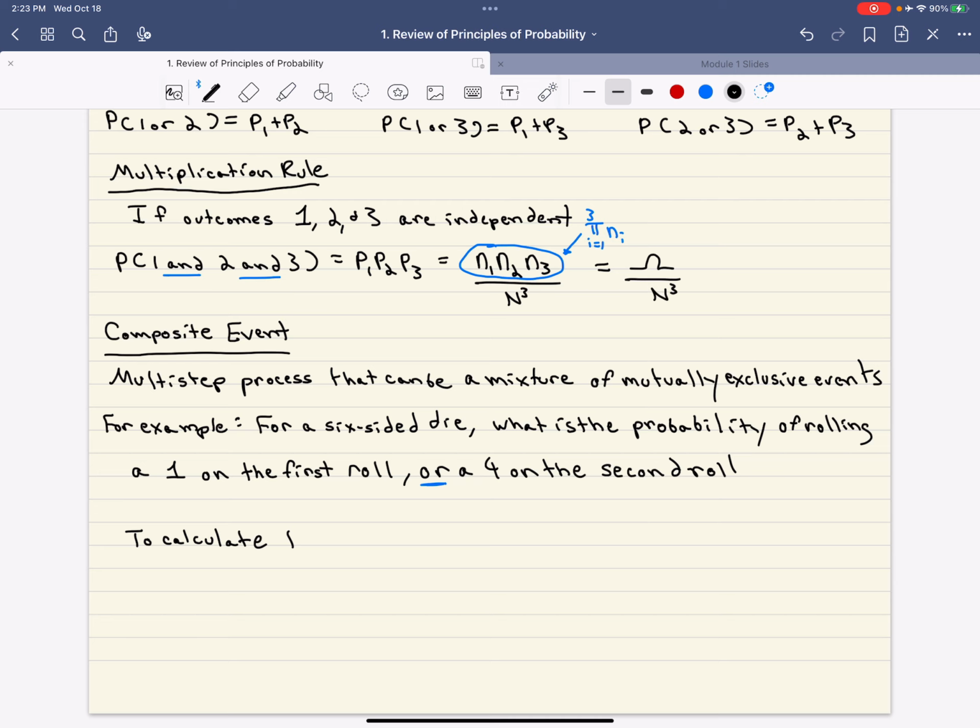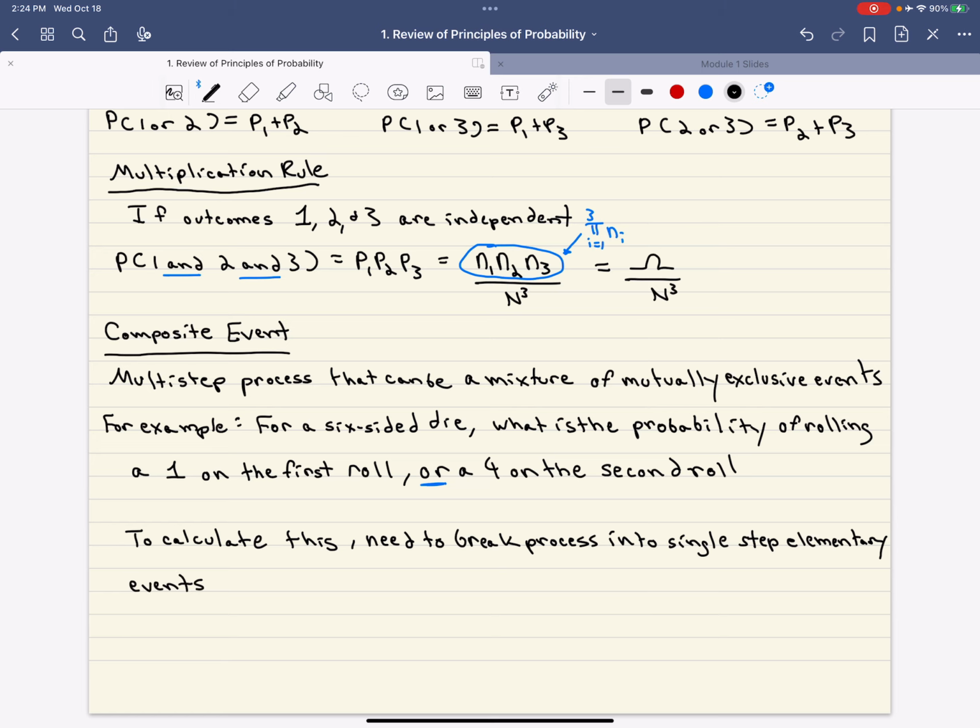And so to calculate the probability that's asked for, what we need to do is break down our process into single-step elementary events.